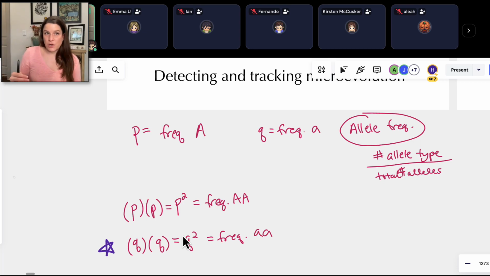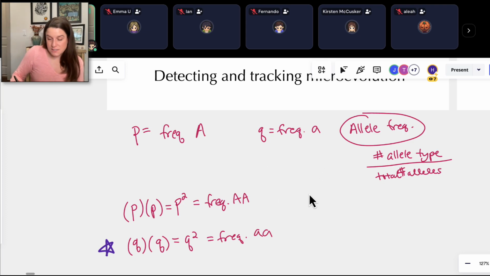If you're recessive, you have to have two copies of the recessive allele to look recessive. That's what recessive means. So you know that's Q squared. Often you're trying to get yourself to Q squared, because then you can solve everything.